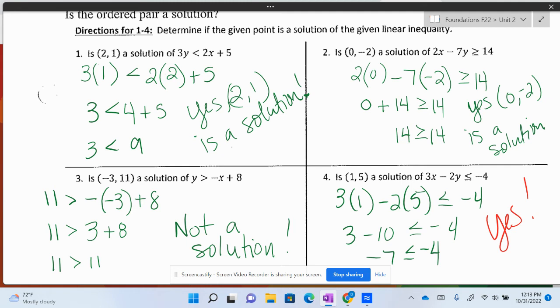I write it out just so my brain can process it.